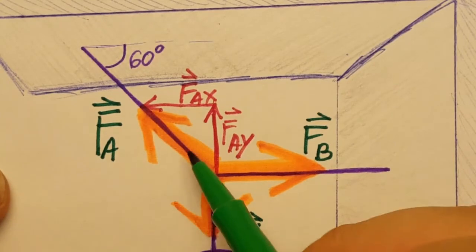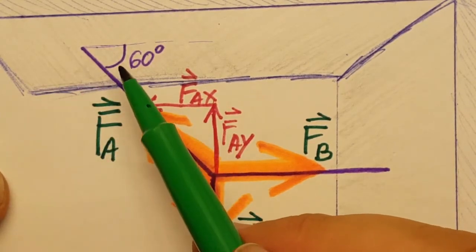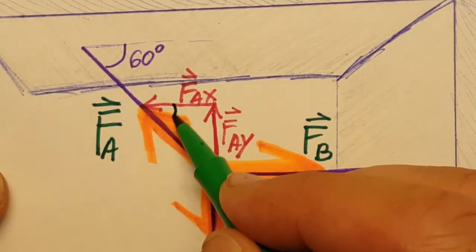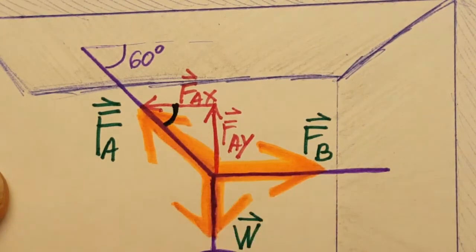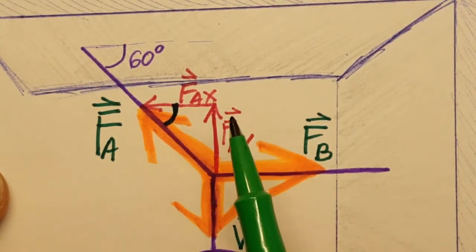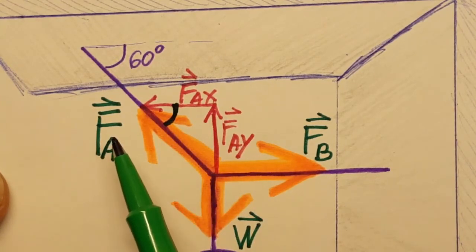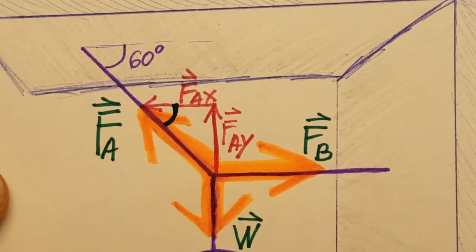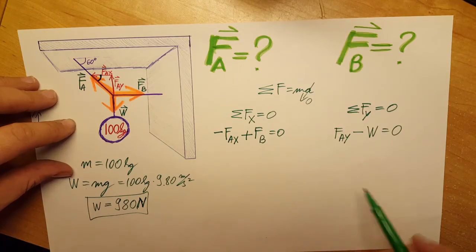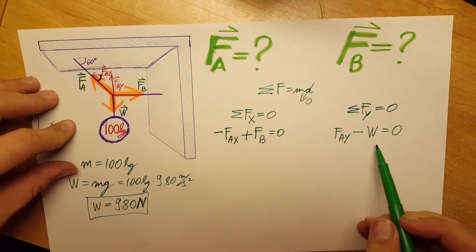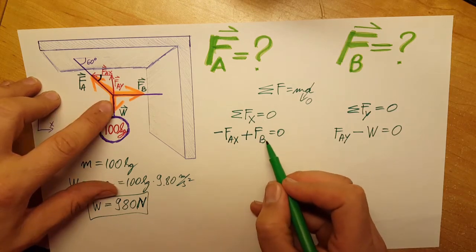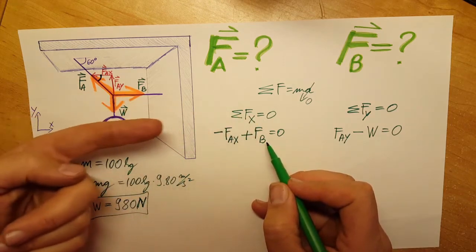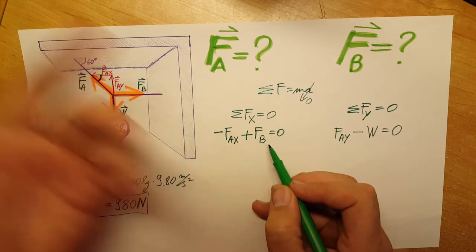From trigonometry we know that since this is 60, we're gonna have this one as well, 60 degrees. Now we're gonna break up our FAX and FAY in a way that we're gonna have FA in it. Okay, let's see if we can substitute these out. FB should be FBX because it's in the x direction, but FB equals FBX.